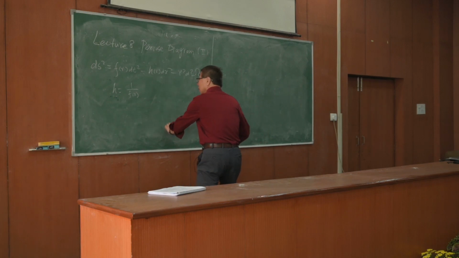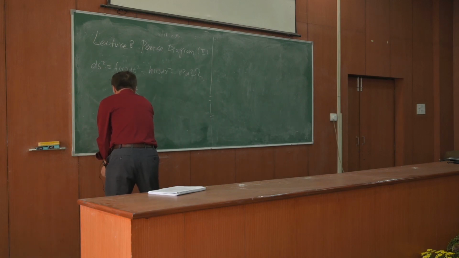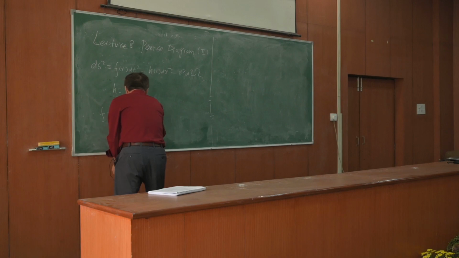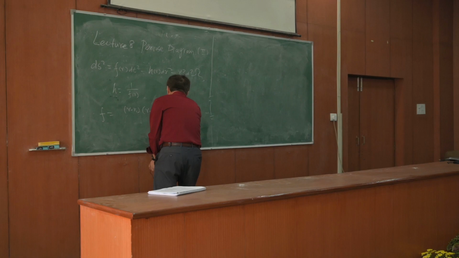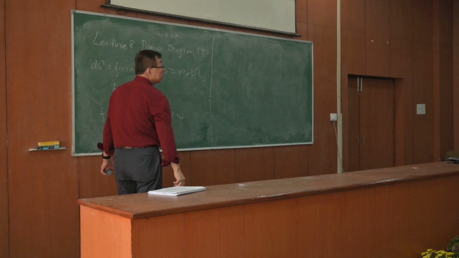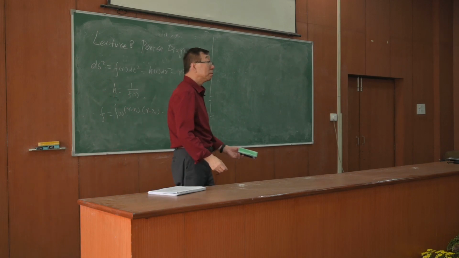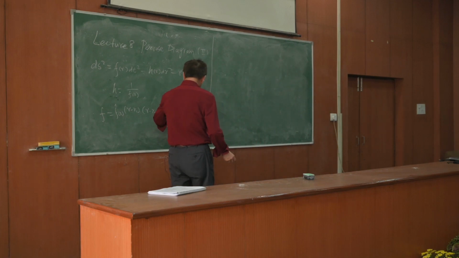Where F equals R minus R1, R minus R2, R minus Rn, times F-hat of R. Okay? So R1, R2, R3 are the positions of the horizons. This is called the horizon.